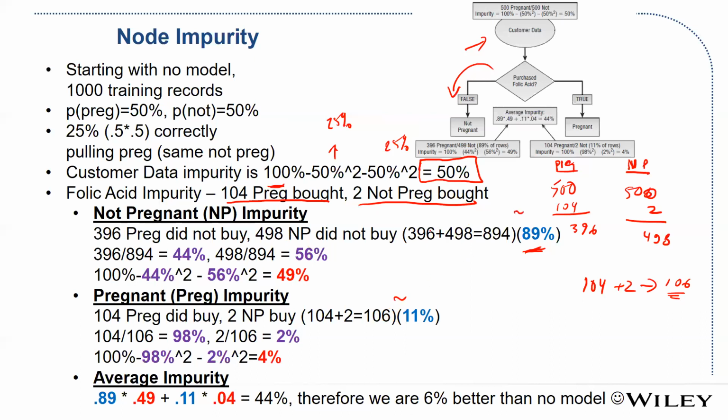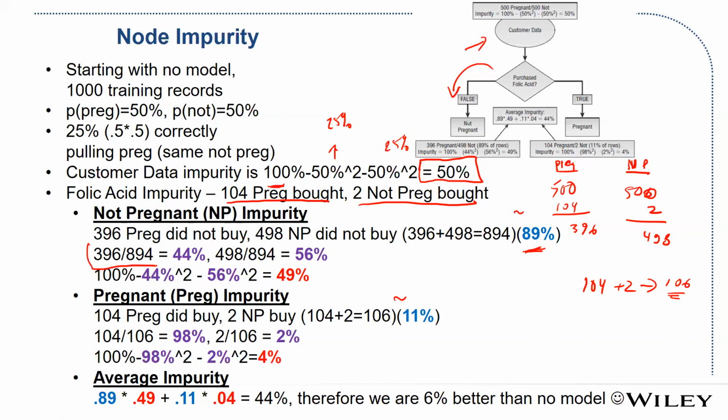Okay, so we had the 396, so that's going to be the 500 pregnant that didn't buy, we came up with 396, and then we had the 500 not pregnant minus the 2 that did purchase, 498. So that represents 89, and then as far as pregnant, we had the 104 plus 2, so we're saying roughly 11% are pregnant.